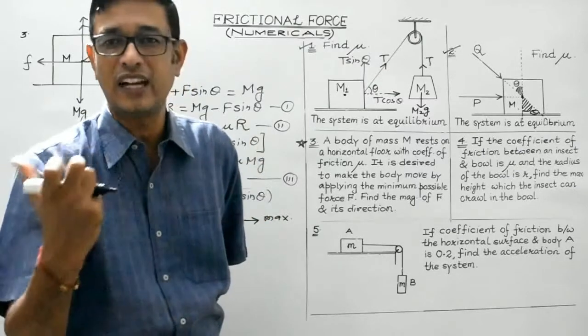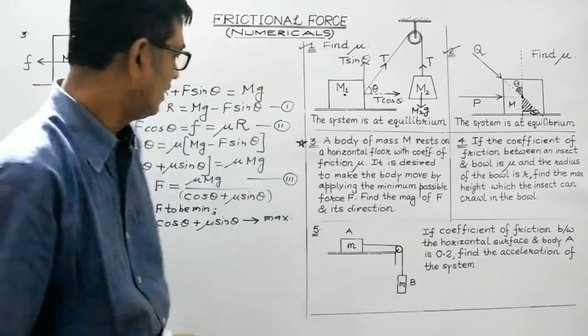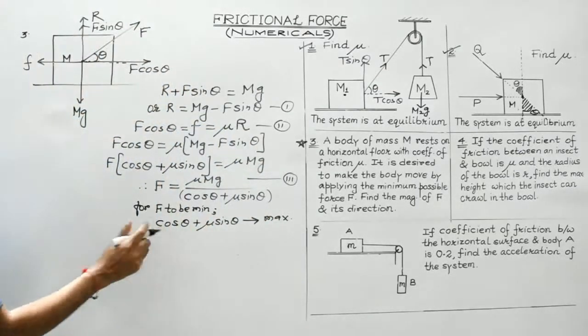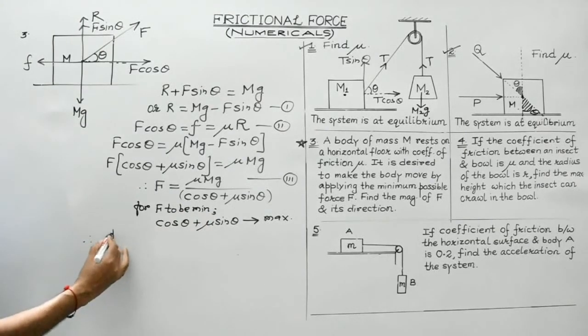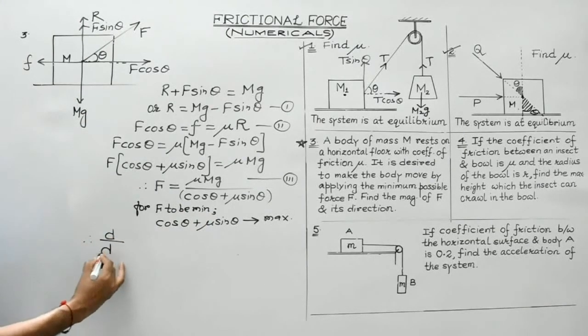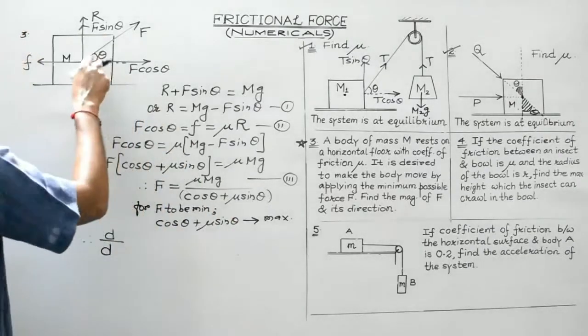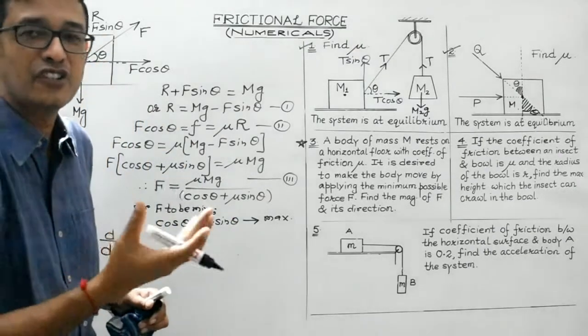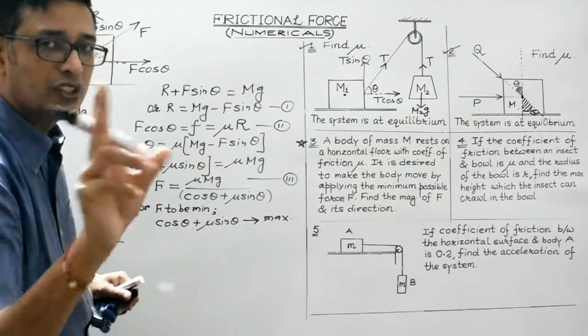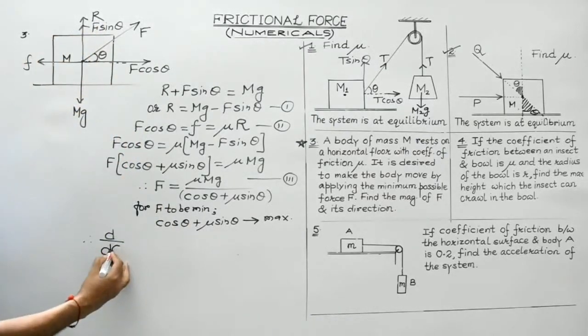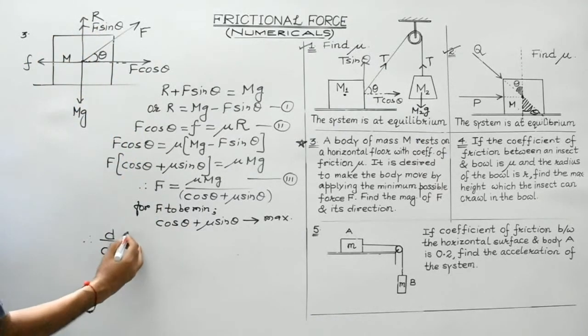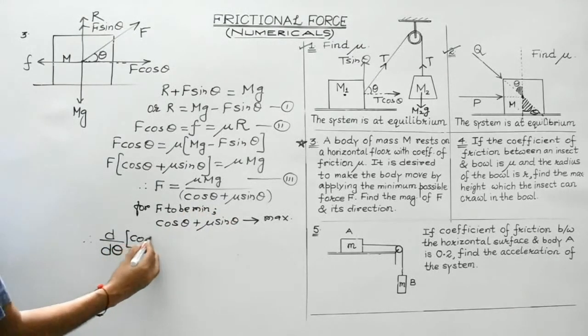You can refer to that in case of any doubt, right? So, therefore, the differentiation of this with respect to some variable, here theta is the variable, in which direction this force is to be applied, right? So theta is the variable. So the first derivative of this term must be equal to 0.